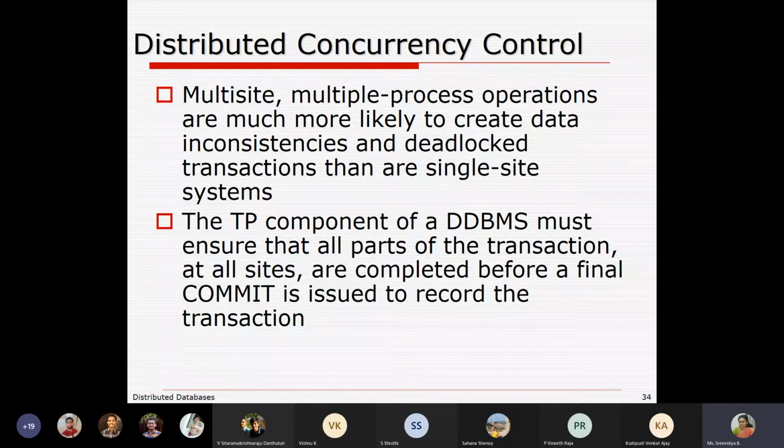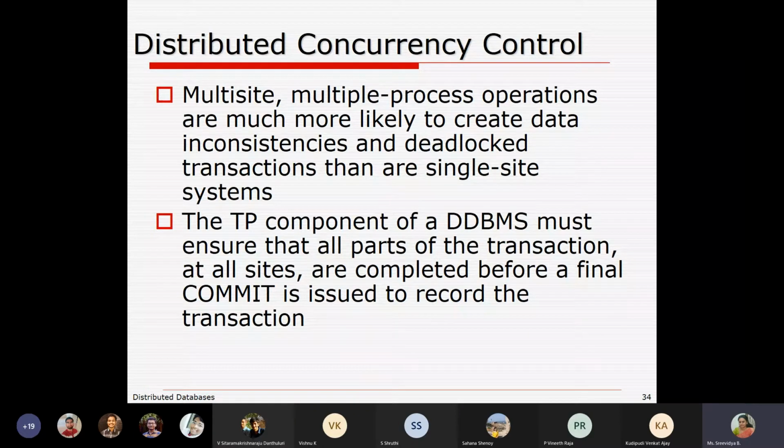What a distributed concurrency control provides is that the transaction processing component of a distributed database management system will ensure that all the parts of the transaction at all sites are completed before the final commit is issued to record the transaction.